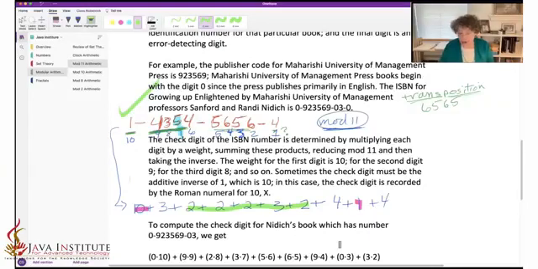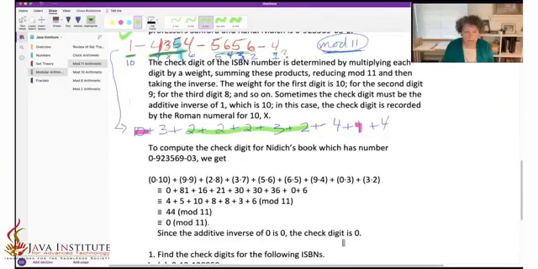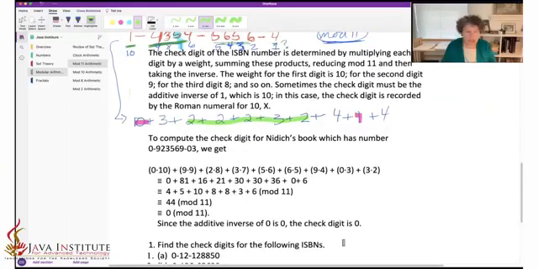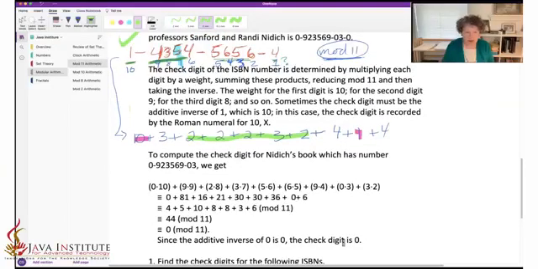And then, the reason I chose this one, now I remember, was because, oh no. This was just an example. It was a book.